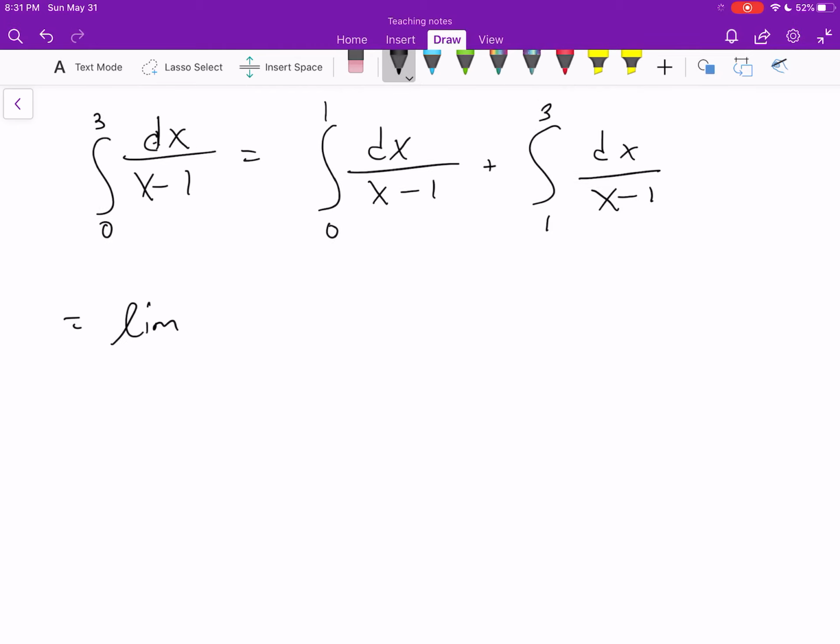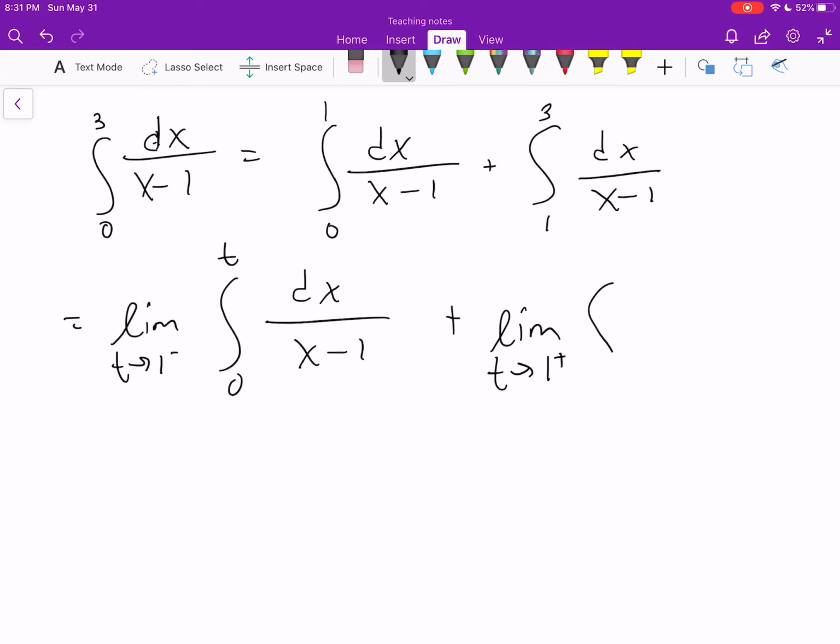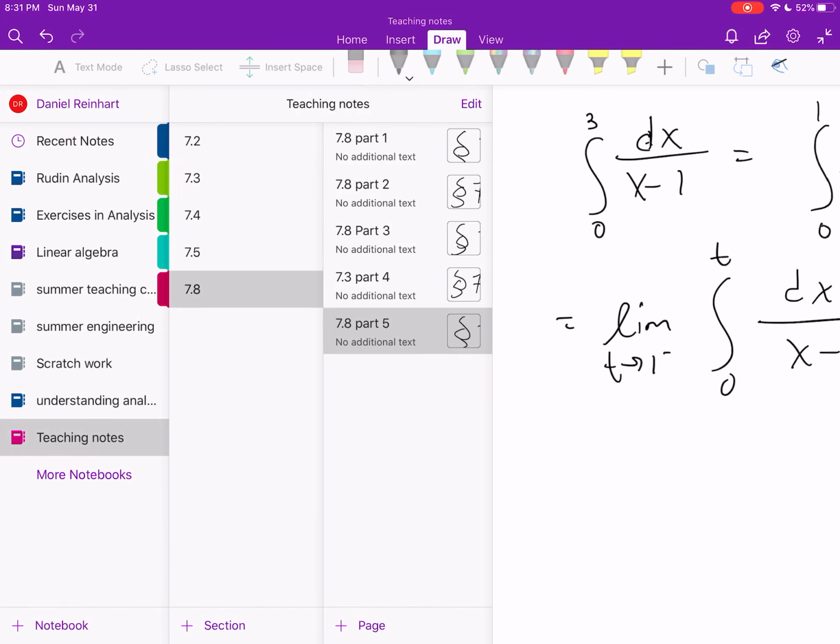This is the limit as t approaches 1 from the left of the integral from 0 to t of dx over x minus 1, plus the limit as t approaches 1 from the right of the integral from t to 3 of dx over x minus 1.